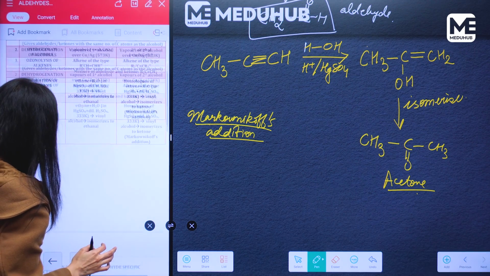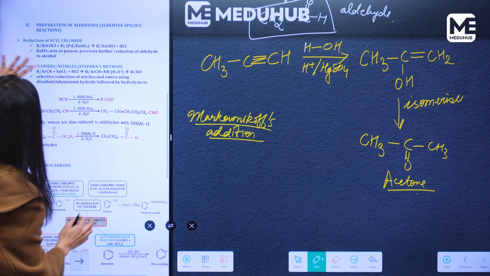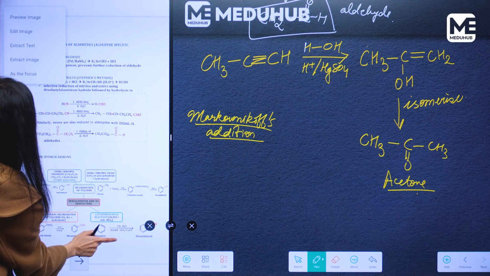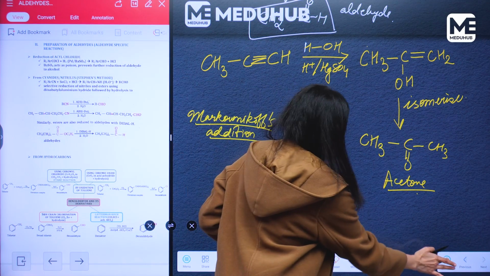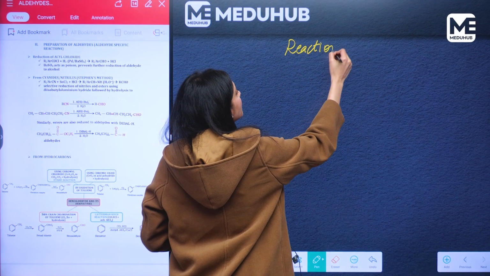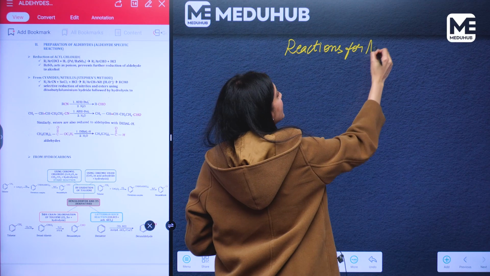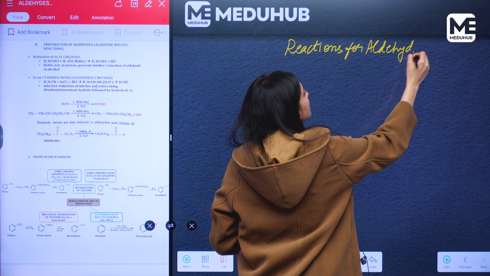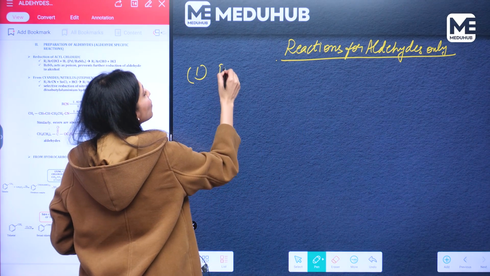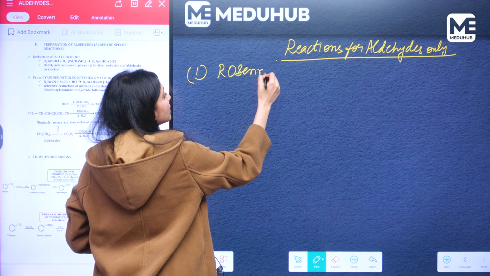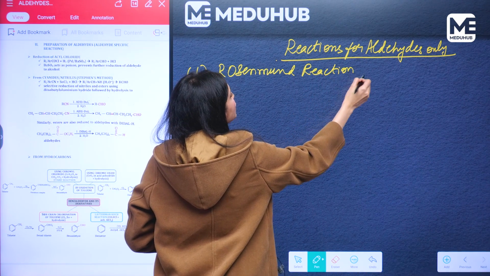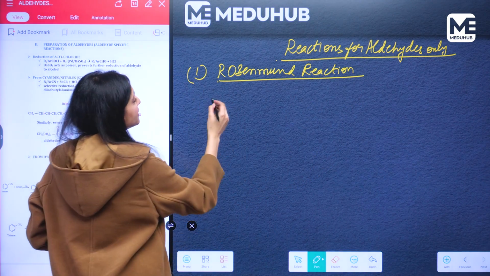Next set of reactions is specific for aldehydes only. The first reaction that is specific to aldehydes is the Rosenmund reduction, or Rosenmund reaction, which is reduction of an acid chloride.